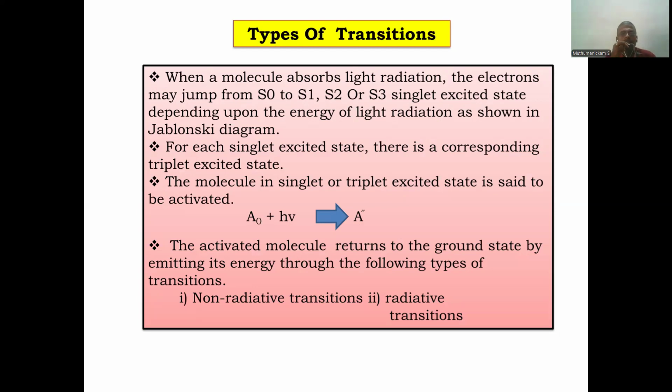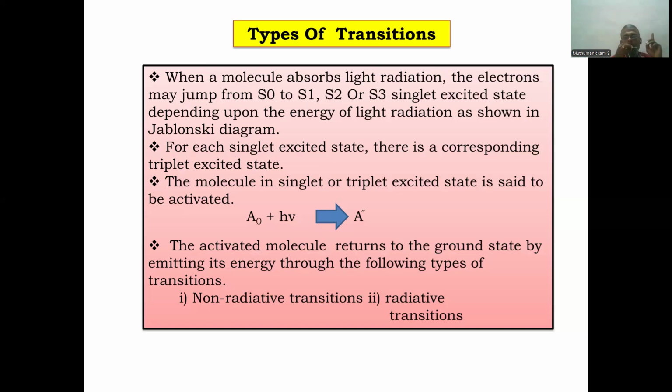A molecule in a singlet or triplet excited state is said to be activated. When the molecule is in S0, it is in ground state. When the molecule is in singlet or triplet excited state, it is called the activated state, collectively represented by A asterisk. Now the molecule is in the activated state.